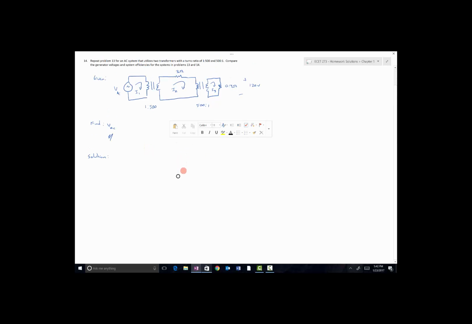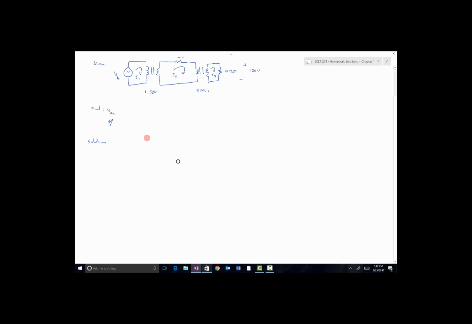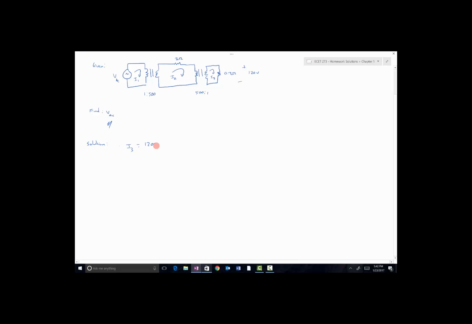I think you guys can see that okay, although that resistor is a little off. There we go, perfect. So I3 we can solve just by taking 120 volts and dividing it by 0.3 ohms. That's the same value we just had, so 400 amps in this circuit right here.